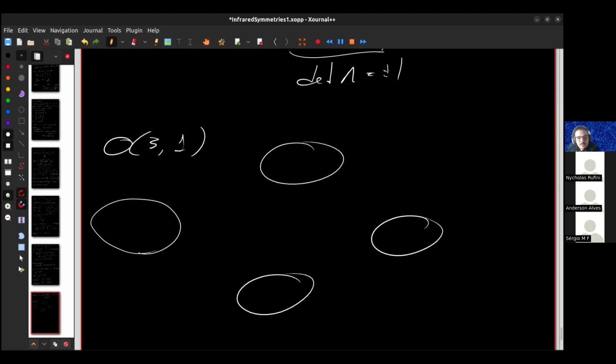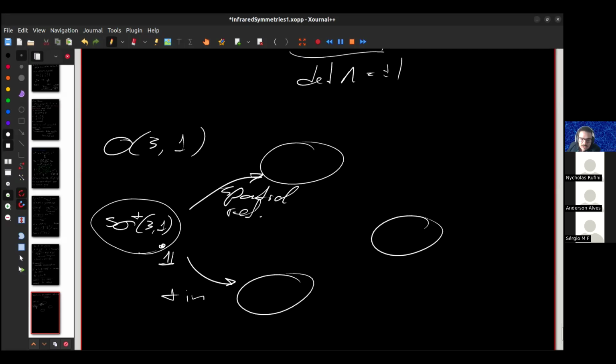So first, I will call this SO plus (3,1). I'll explain the plus soon enough. This is the original piece, the piece that has the identity. Now I have two possible transformations I can make. The first is a spatial reflection. The other one is a time reflection.